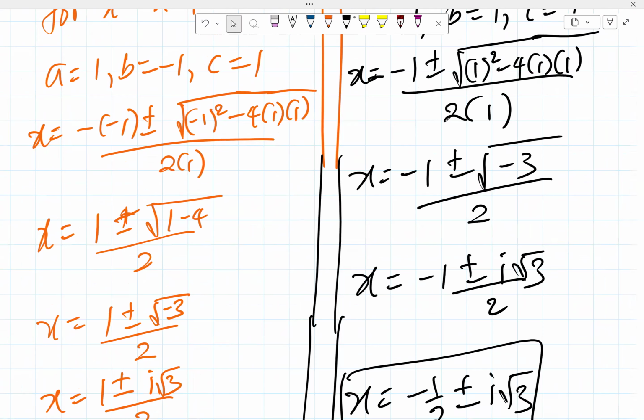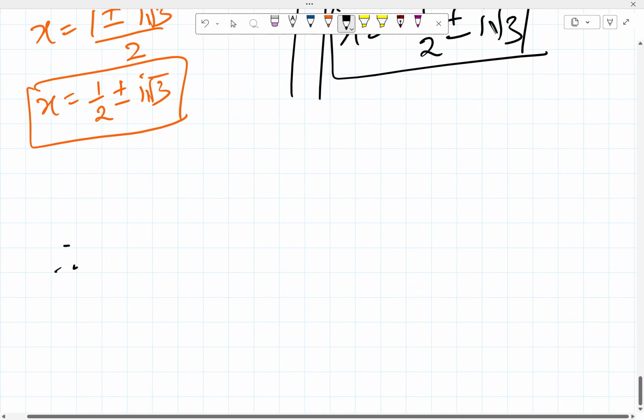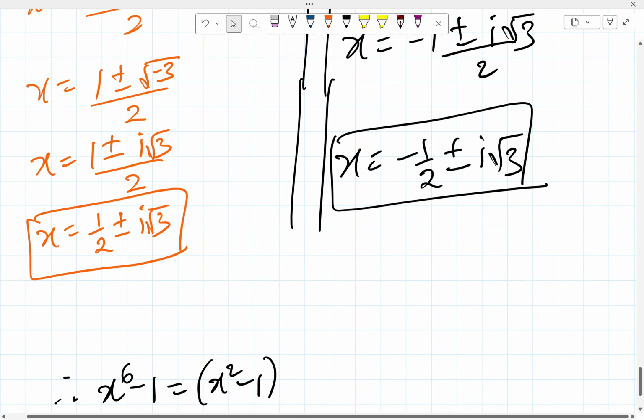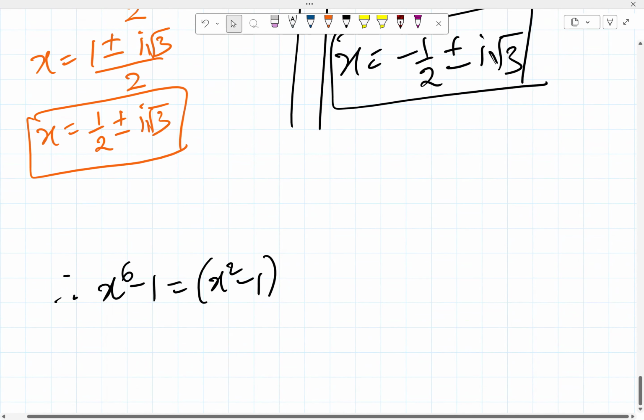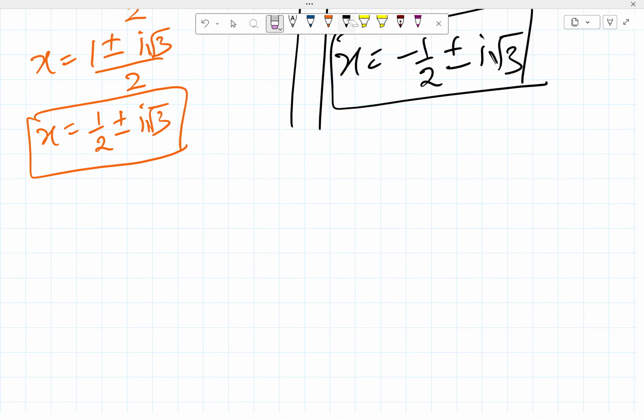So we can go back to the beginning again and say, therefore, x raised to power 6 minus 1 is the same thing as x squared minus 1 into... Okay, let me just write everything out at once so I don't waste my time again. So we have x raised to power 6 minus 1 equals x minus 1, x plus 1.